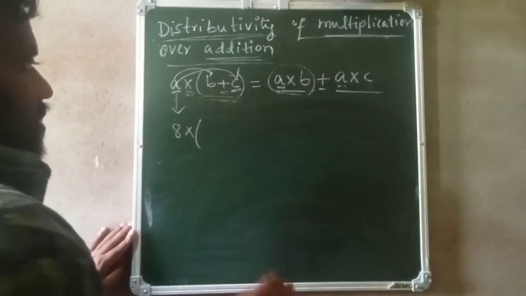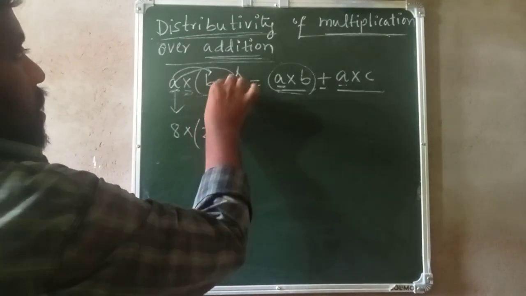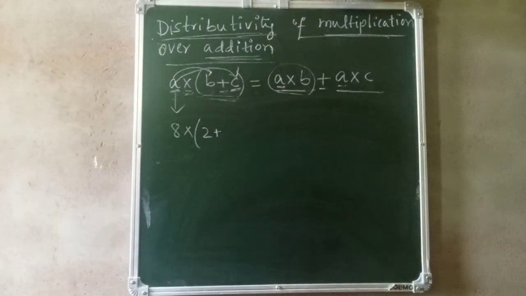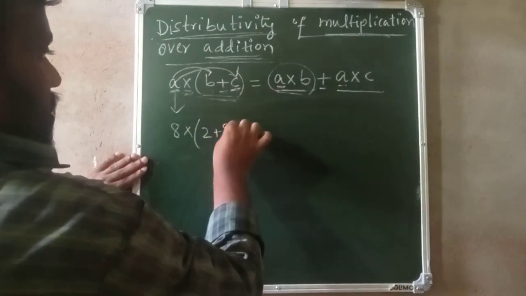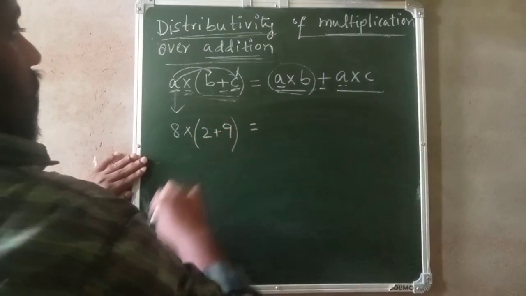In place of B I will take 2 plus, in place of C I will take 9. So it is equal to, okay, now.